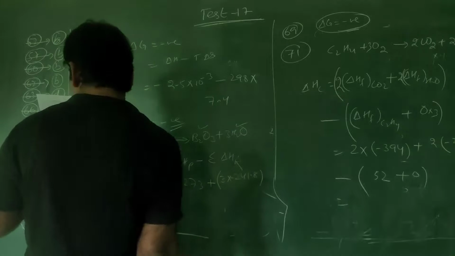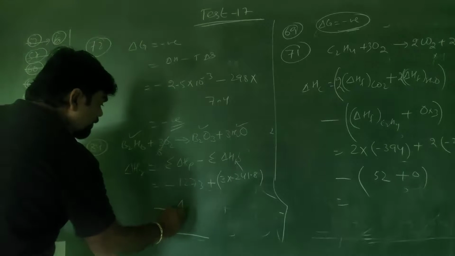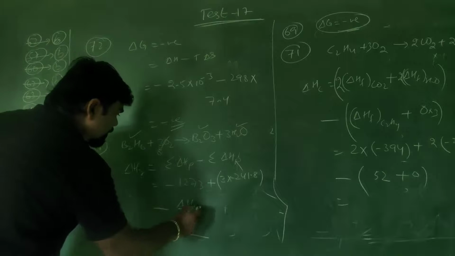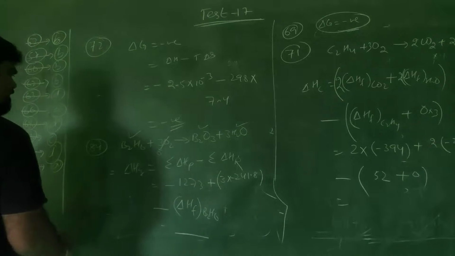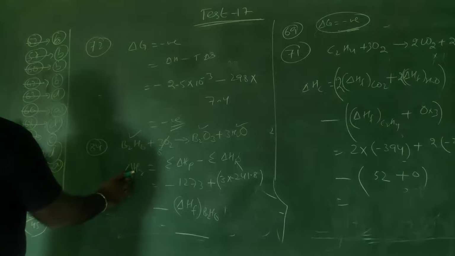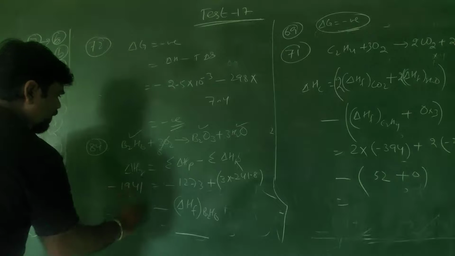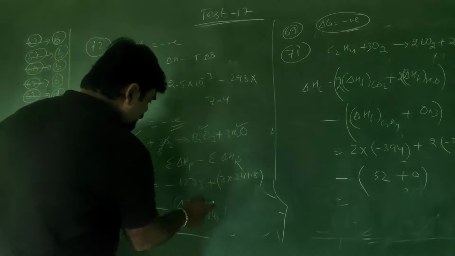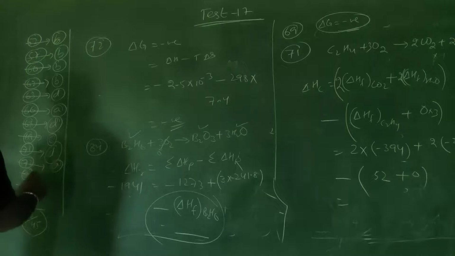Then minus the enthalpy of formation of B2H6, which we need to calculate. This value is given already, and the enthalpy of reaction is minus 1941. So all the values are given, only one is unknown, and we can calculate the value of the unknown. For question number 84, the answer is C.